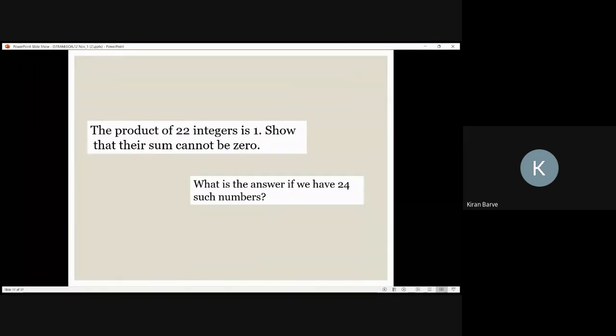So, see, if minus ones are 12, 1 is 10. The number of tens is 1. Now there is only one step that remains, to show that their sum cannot be 0.